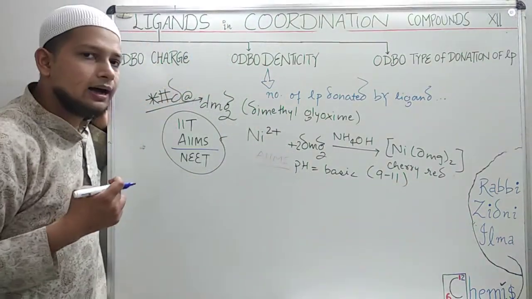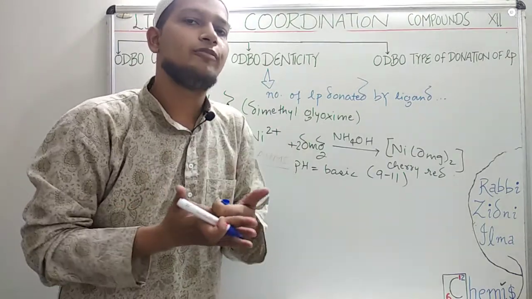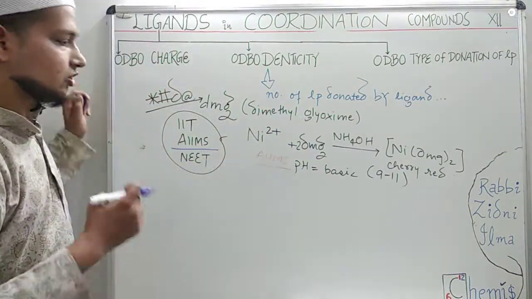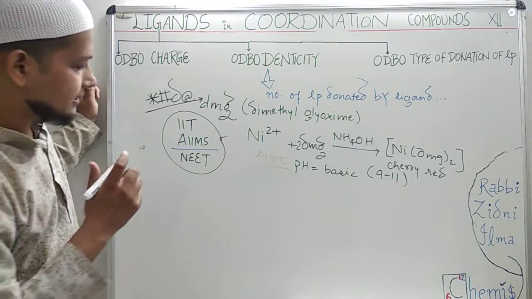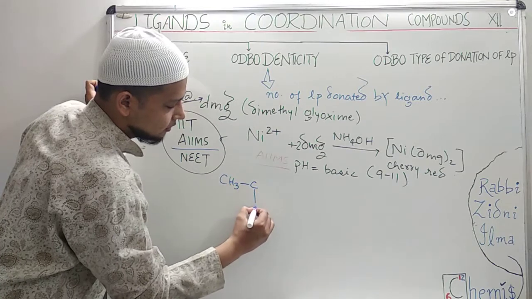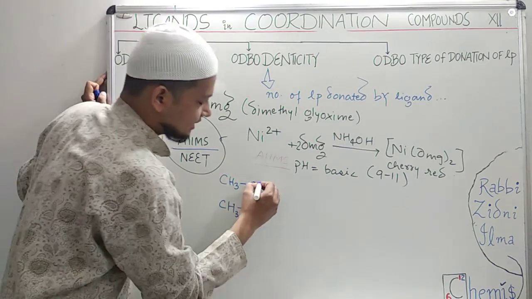Finally, the question asks what is the structure and what is the number of membered rings formed in this particular case. Now for the structure, look very closely because I will sketch this very beautifully. Grab a paper and a pencil so that you never miss this. First of all, I will sketch a DMG.